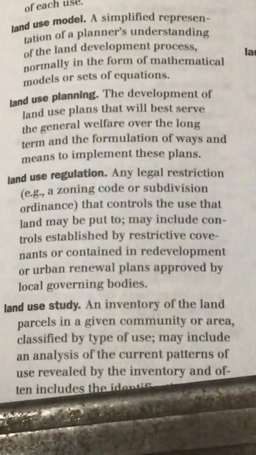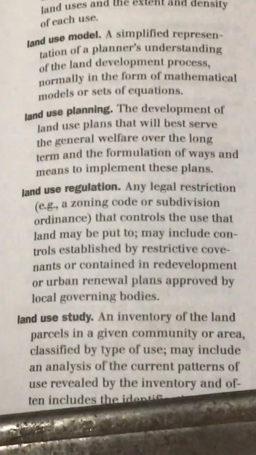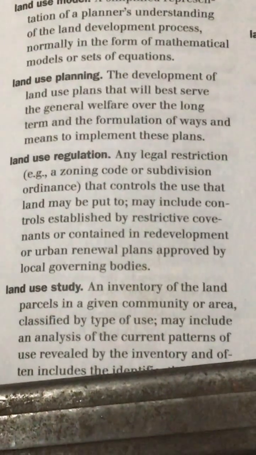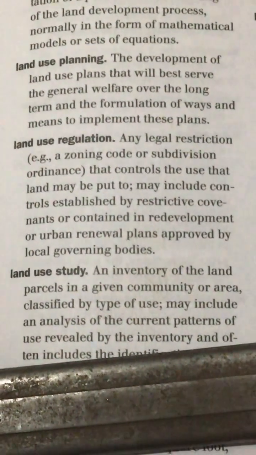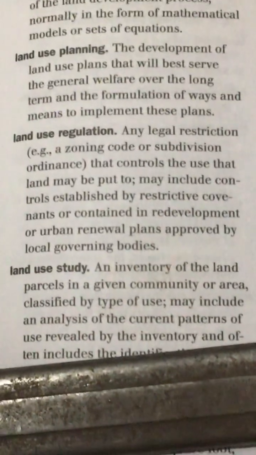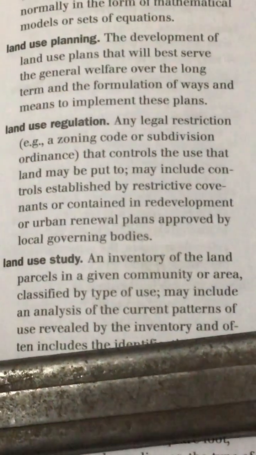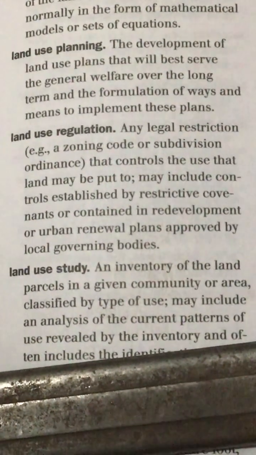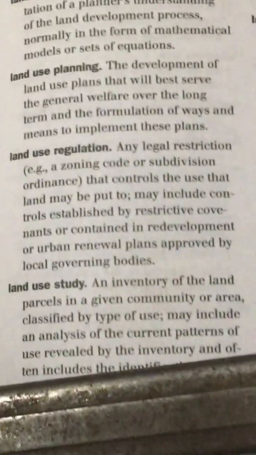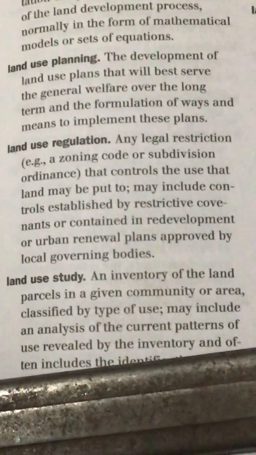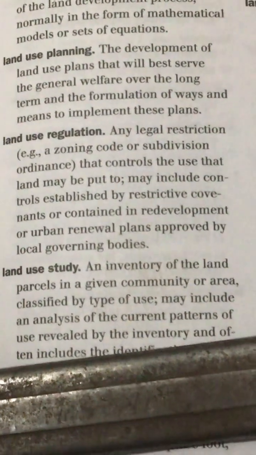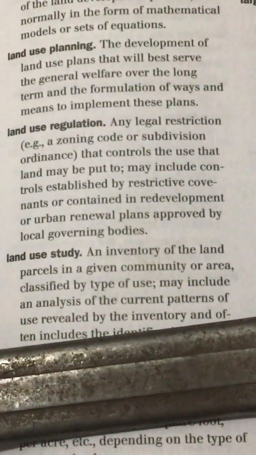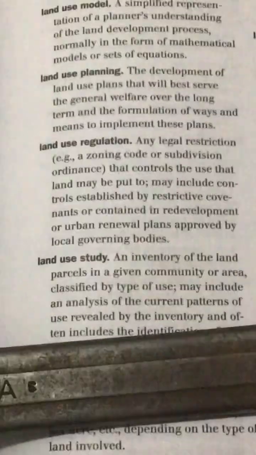Land use regulation. Any legal restriction, for instance, a zoning code or subdivision ordinance, that controls the use that land may be put to, may include controls established by restrictive covenants or contained in redevelopment or urban renewal plans approved by local governing bodies.